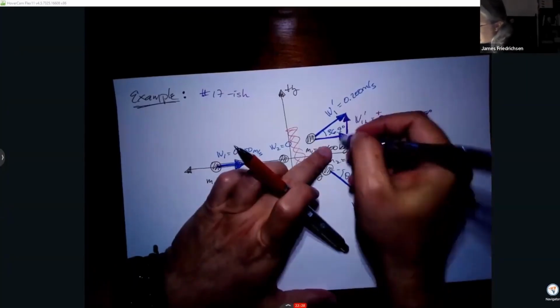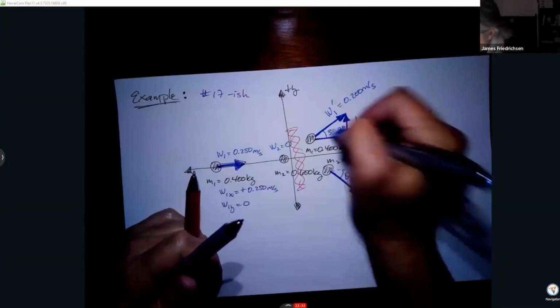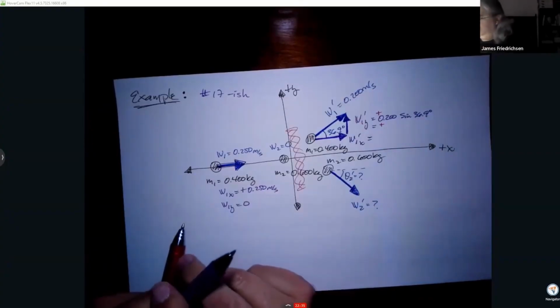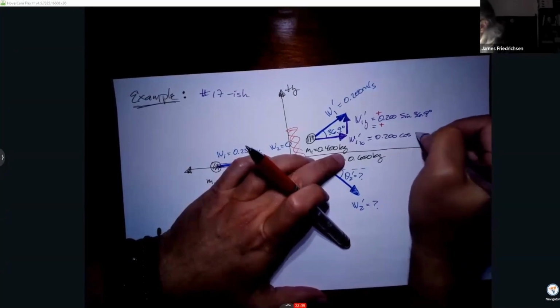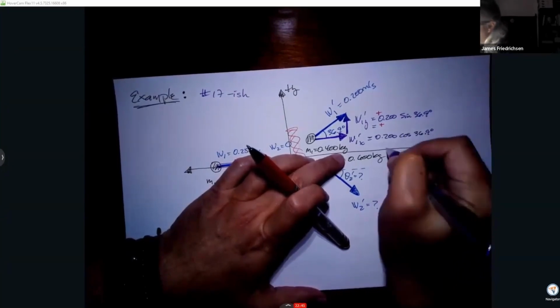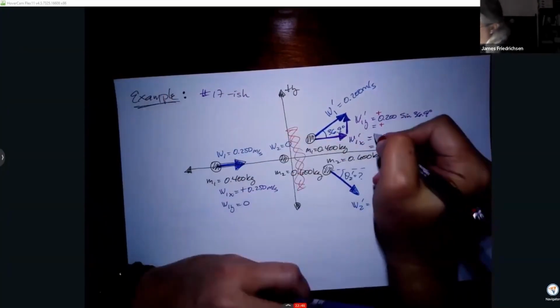And then the x one's adjacent, so it's going to be the cosine. So 0.200. Notice it goes in the positive x, so this one will be plus as well.